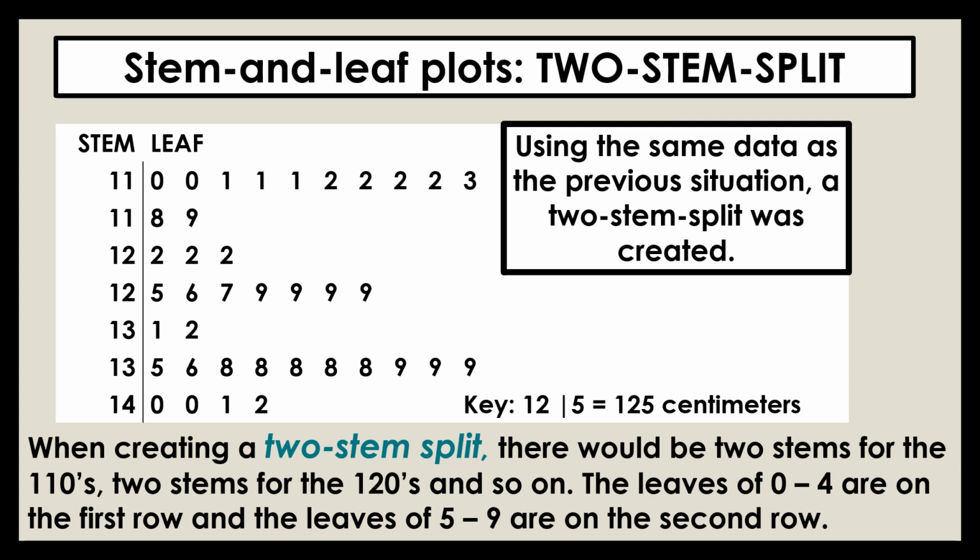When creating a 2-stem split, like the one that I did up above, there would be 2 stems for the 110s, 2 stems for the 120s, and so on. The leaves of 0 through 4 are on the first row, in order of course from lowest to highest. And the leaves of 5 through 9 are on the second row, once again, of course, in order.